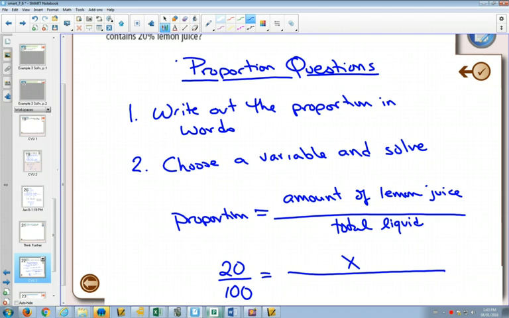That'd only be 33% lemon juice. So we need to take the total liquid will be the water plus the lemon juice. And maybe you even want to add that in words under here. That your total liquid, in order to find your proportion, is going to be your water plus your lemon juice.